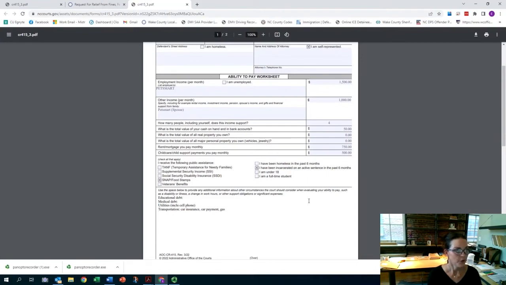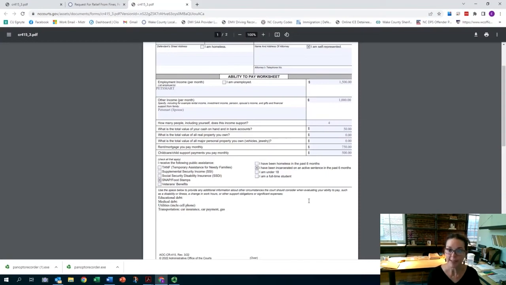Lastly, I would recommend that you include information here regarding child support obligation. If you typically pay child support, but for instance, you are in arrears, meaning you owe old child support, I would include that information here as well. The court typically would rather have your money going to pay child support arrears than paying court debt.